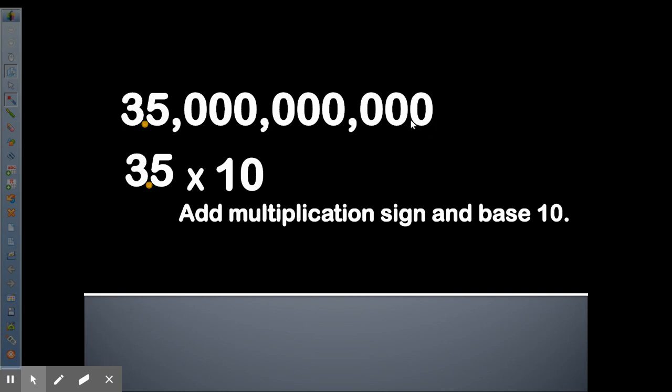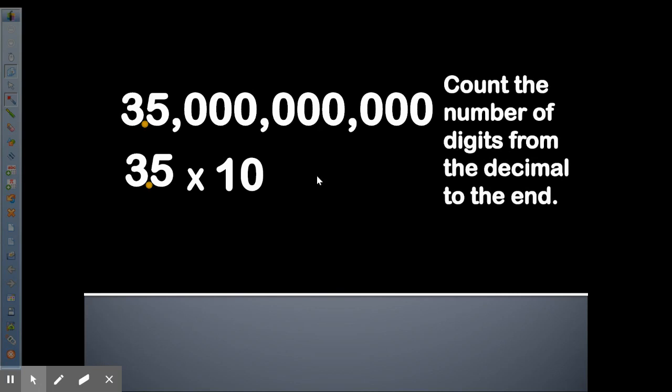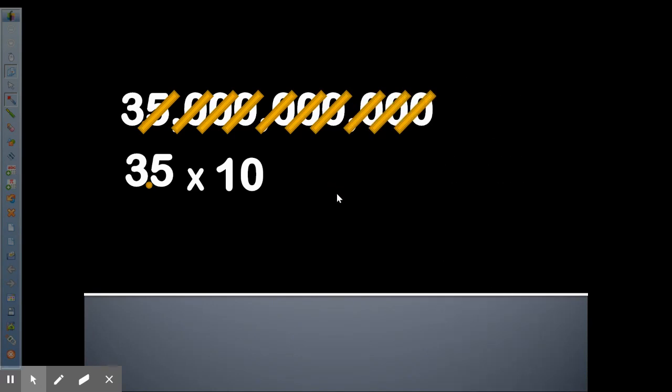And so we're going to count how many times we move that decimal to get it where it goes now, between the 3 and the 5. Count the number of digits from the decimal to the end. And we come up with 10. It moved 10 times. So 35 billion in scientific notation is 3.5 times 10 to the 10th power.